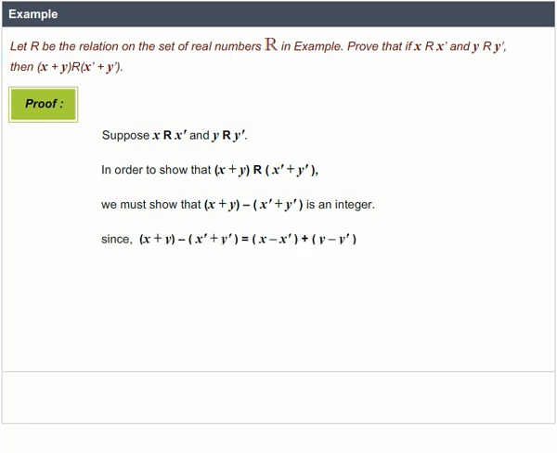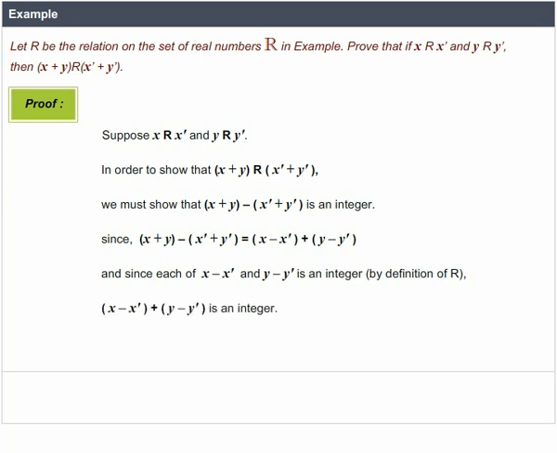Since (x plus y) minus (x' plus y') equals (x minus x') plus (y minus y'), and since each of x minus x' and y minus y' is an integer by definition of R, (x minus x') plus (y minus y') is an integer. Thus x plus y is related to x' plus y'.